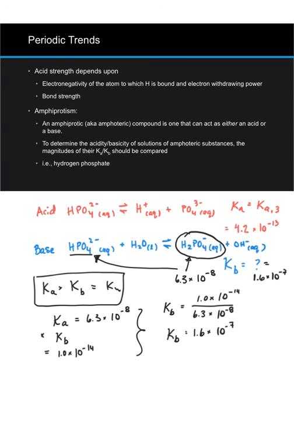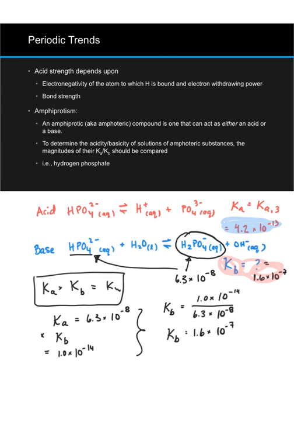The value that is larger ought to win out. We've got a value for our Kb that's large, a value for Ka that's small. We expect that due to this comparison, Kb wins out.